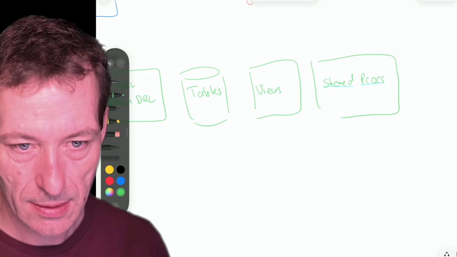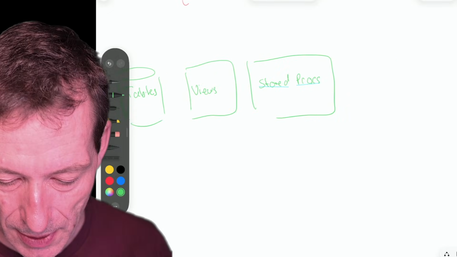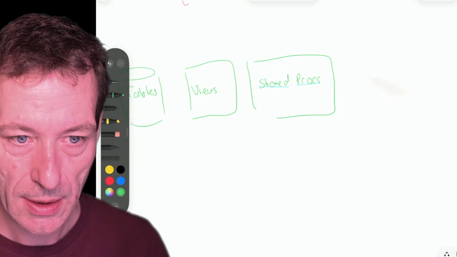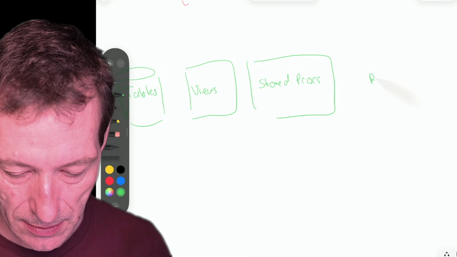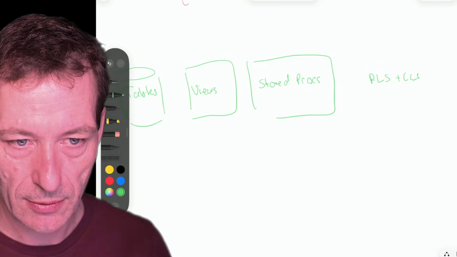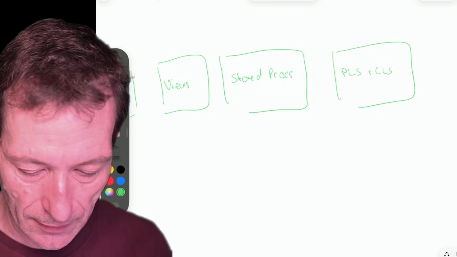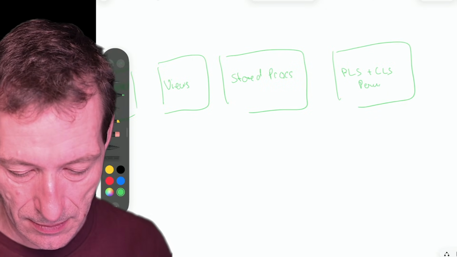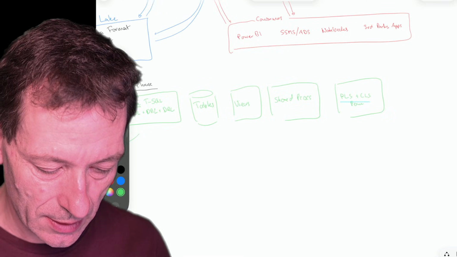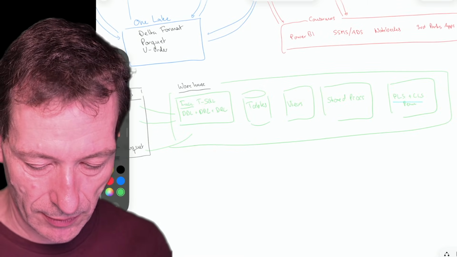And you have the security part with row level security and column level security, and the SQL permissions. So this all forms your warehouse experience, which is very, very rich.